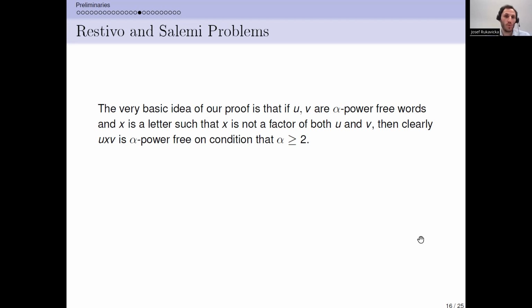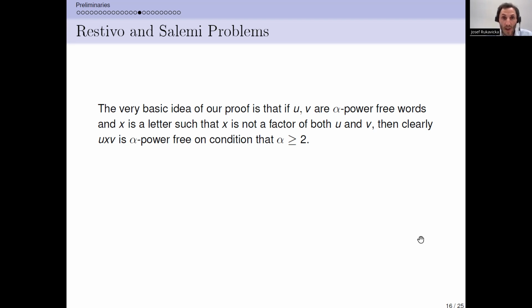But here I want to emphasize one more thing, because in this case of the concatenation uxv, basically I have to prove for every factor containing x that this factor is alpha power free. But as I explained, in the case of one single occurrence of the letter x, this is trivial.